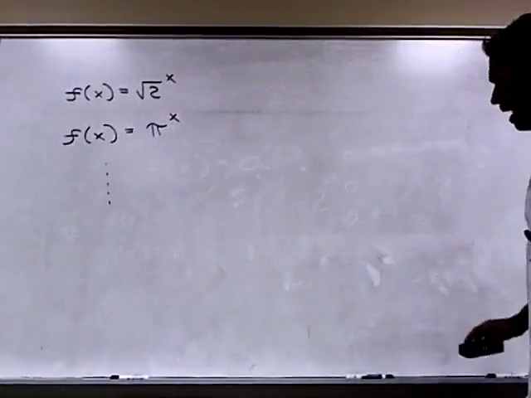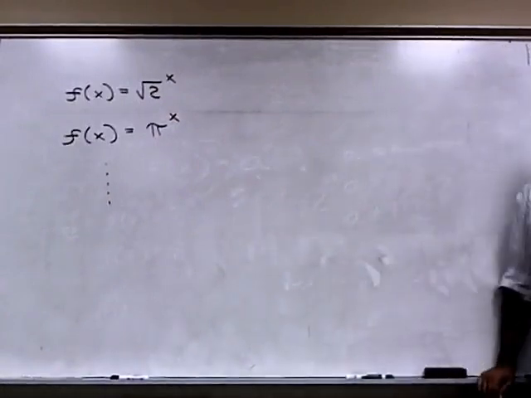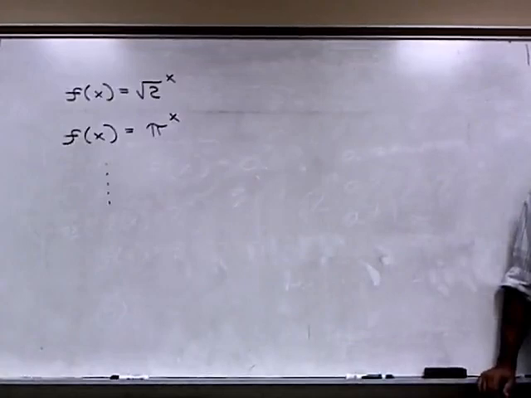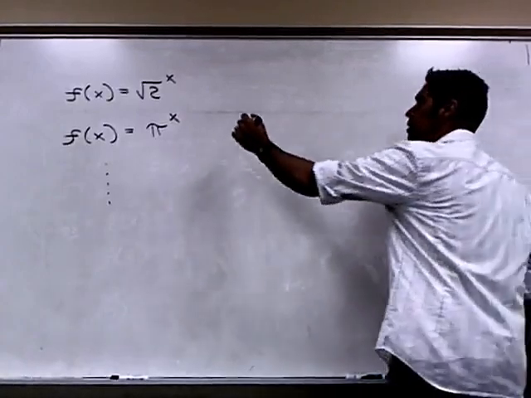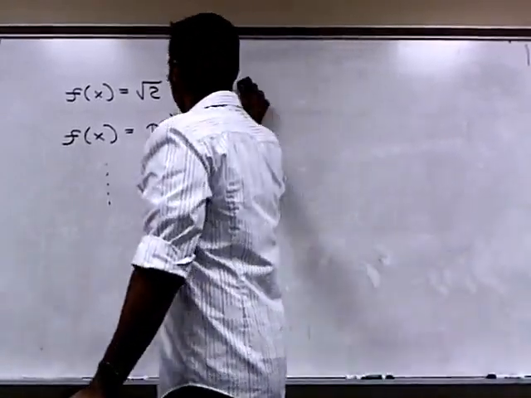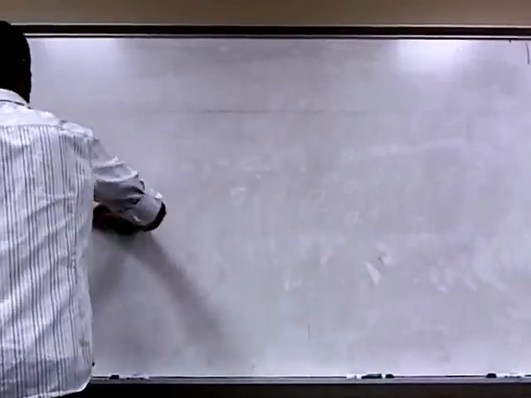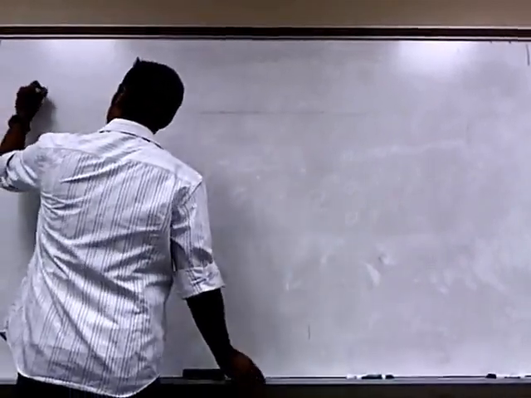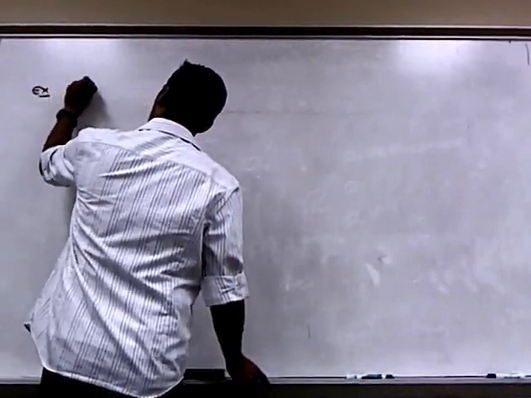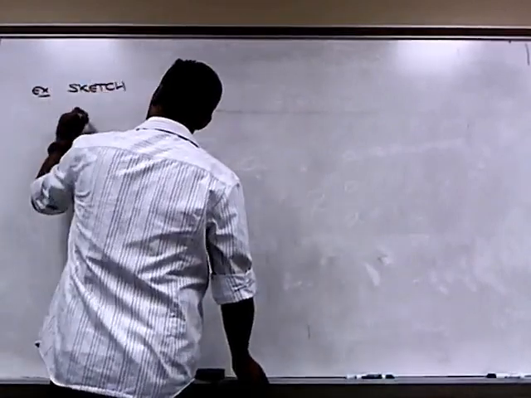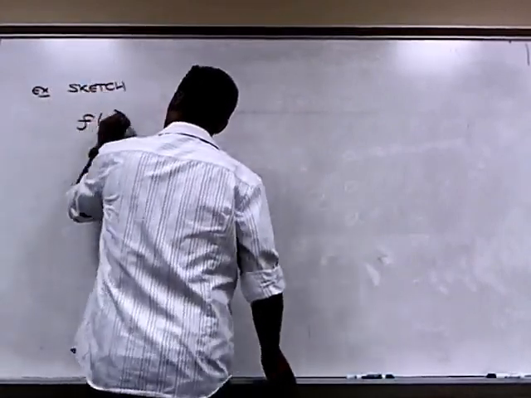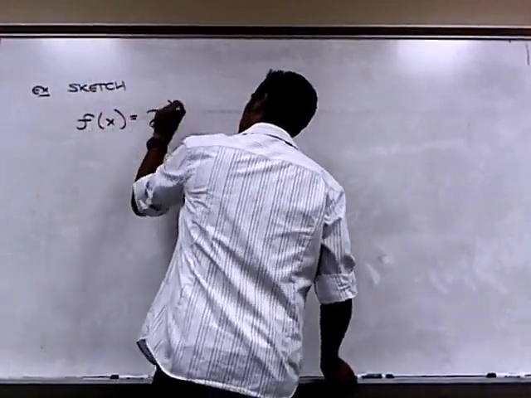So the next question would be, what do these look like? When you graph them, what do exponential functions look like? So let's take a look at a graph. Let's do a sketch of the one with the folding of the paper, 2 to the x.